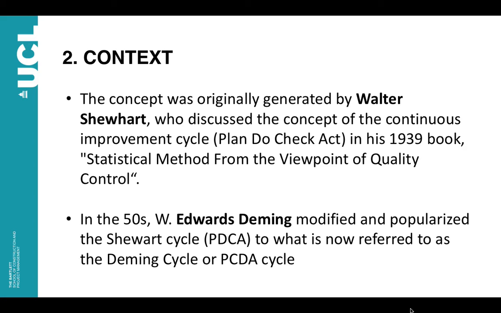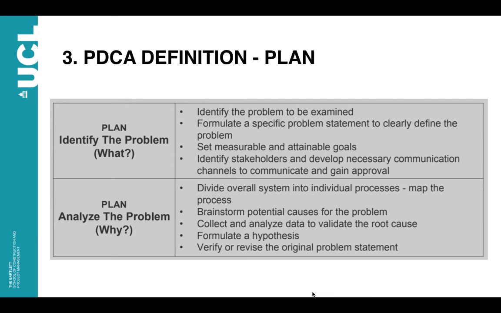In some way, this Plan, Do, Check, Act cycle has been pretty connected with total quality management. However, it's in the 50s when Edwards Deming modified and popularized this cycle, introducing some changes and updating the cycle to what today is known as the Deming cycle or PDCA cycle.